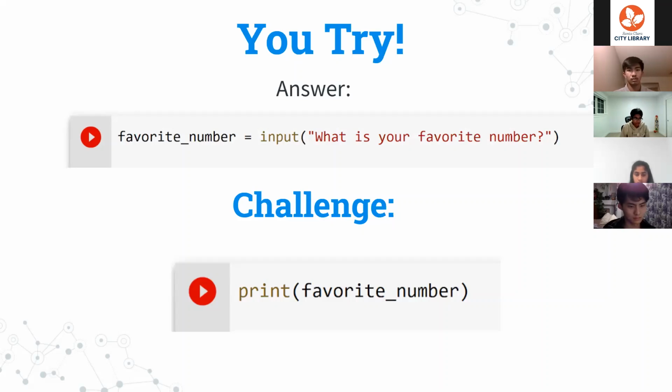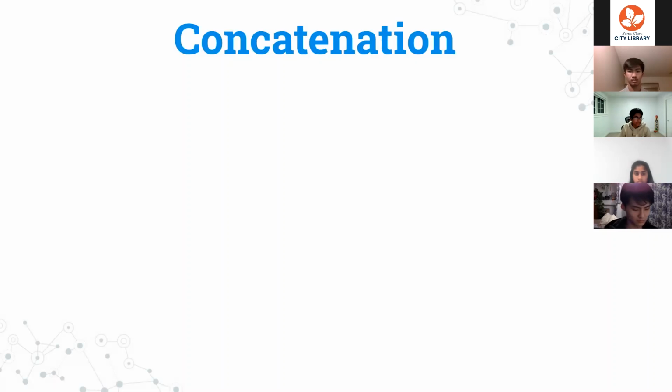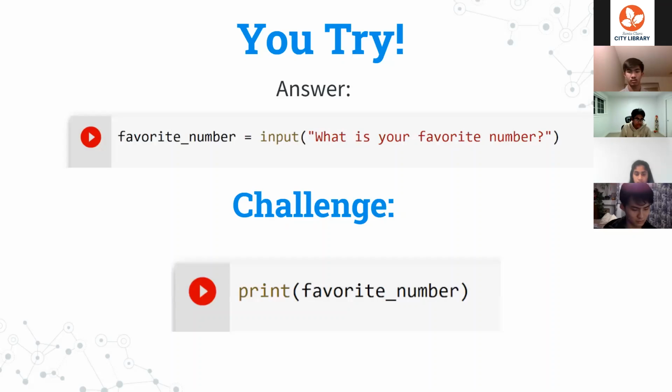Input it, and whatever they inputted, that would be the value of favorite_number. And if you wanted to print it, remember, don't use quotations. That's a common mistake. That's how you differentiate between strings and variables. Variables don't have quotations around them, and strings do.